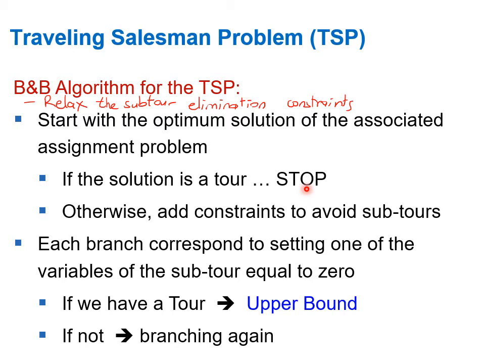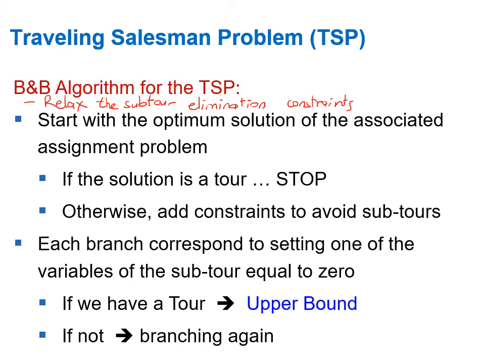This is the same thing as when you relax a decision variable in regular mathematical programming based branch and bound. When you solve the root node, if all decision variables are integers, then you stop. And this is the same idea. When you solve the relaxed problem and observe that the solution already satisfies the relaxed constraints, then you stop.